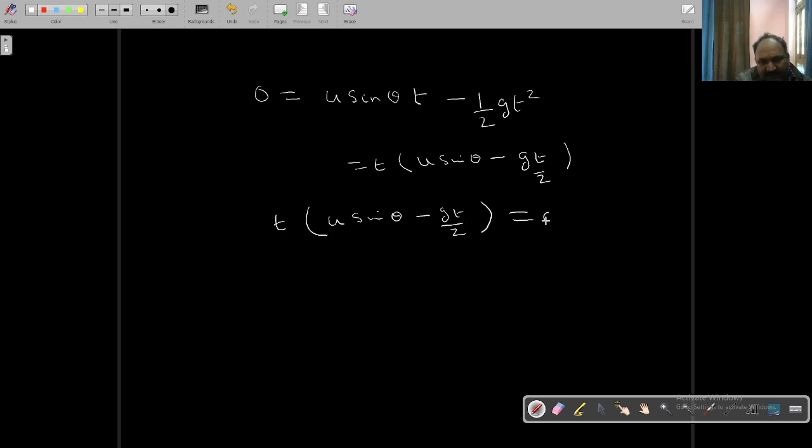This equation is satisfied at t equal to 0, which is the initial point where the displacement is 0, and the other point where displacement is 0 is when u sin theta minus gt by 2 is equal to 0.